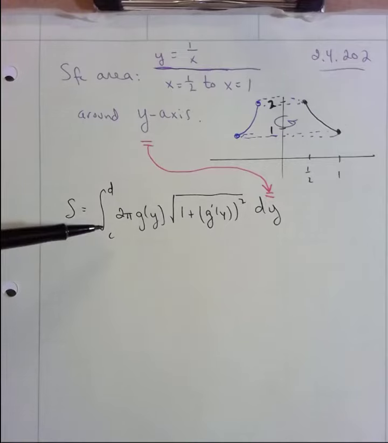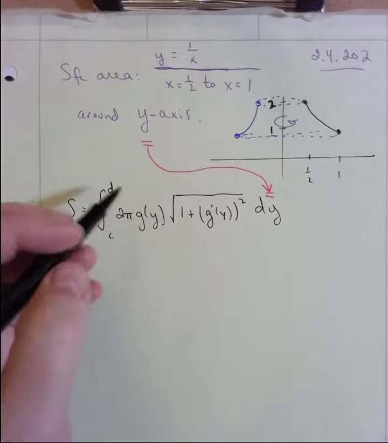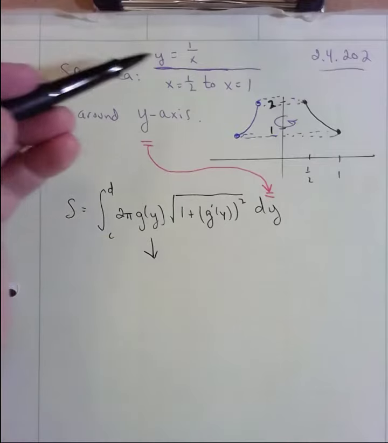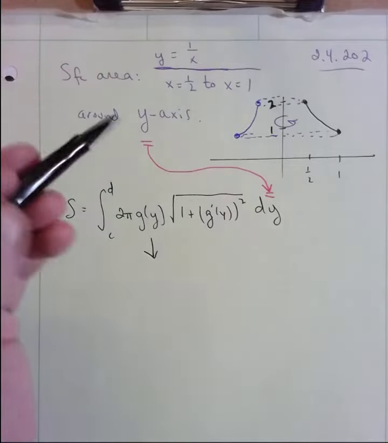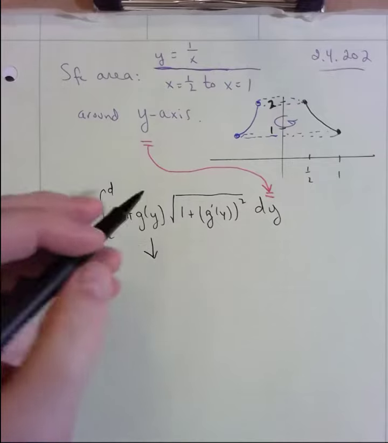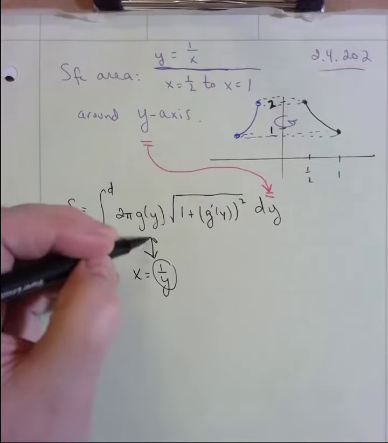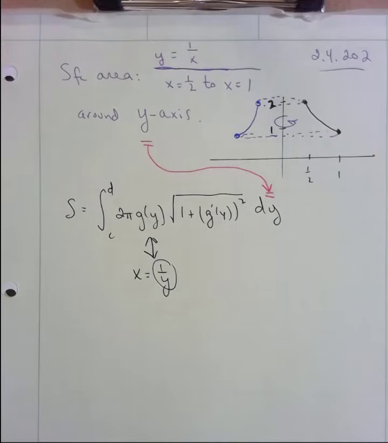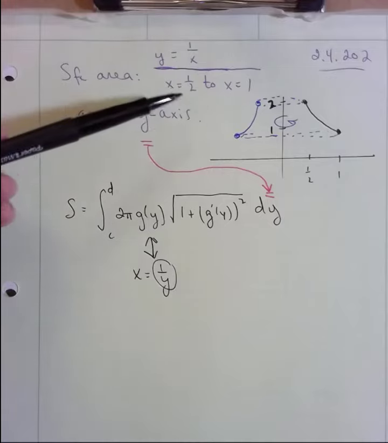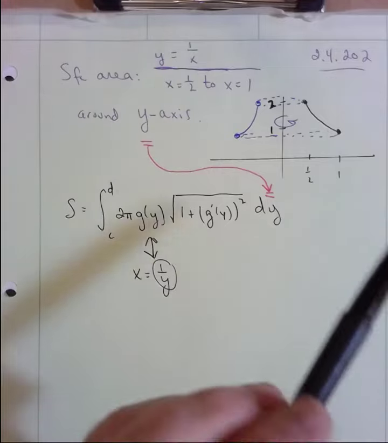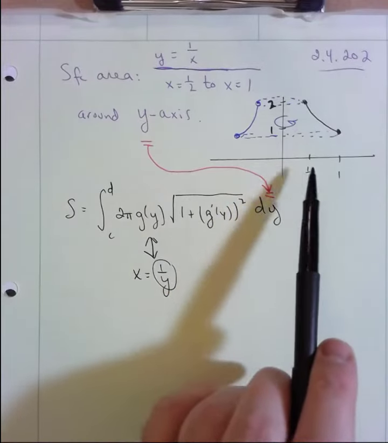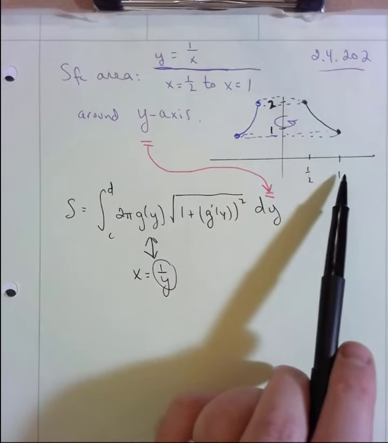Now some of this stuff is easy. For example, if y is 1 over x, then x equals 1 over y, and this is g of y. And the endpoints of integration: the given endpoints for the arc of the function that generated this surface went from x equals 1/2 to x equals 1.